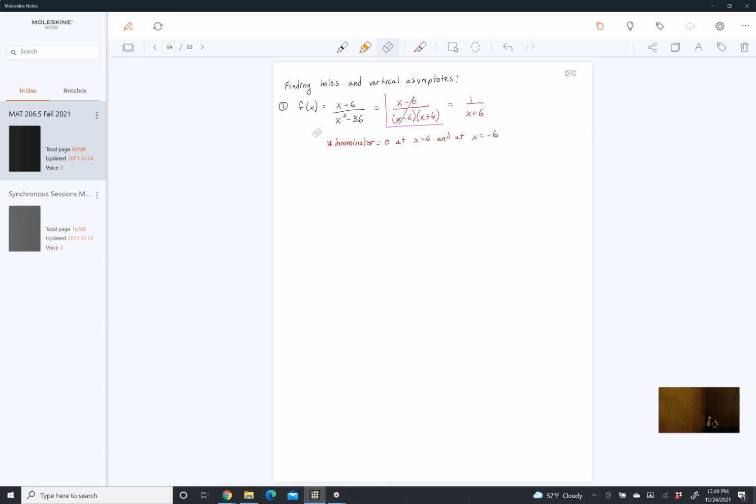I just want to be clear about that. So they're almost the same. The values are the same, but in one case, you can have x equals 6, and in the other case, you can't.